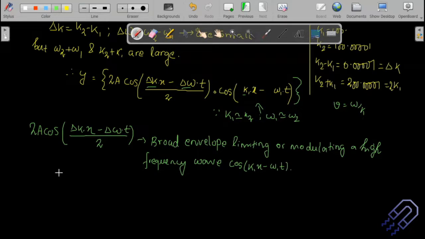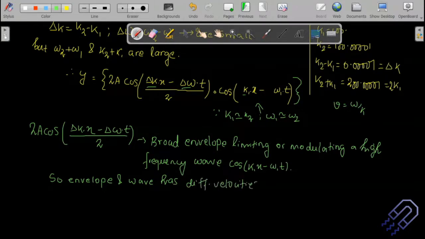Okay, so what we can say is that the envelope, that means the group of waves, and the wave that we are considering here, the phase velocity, have different velocities. This is very important to understand.